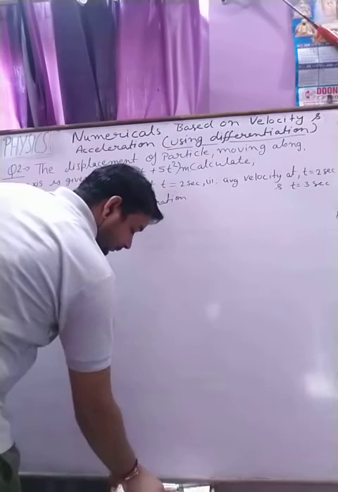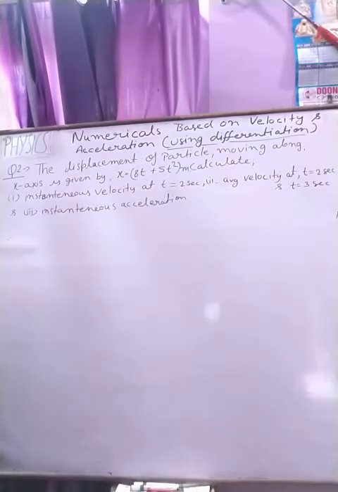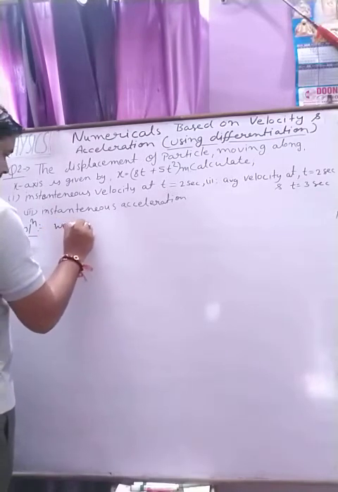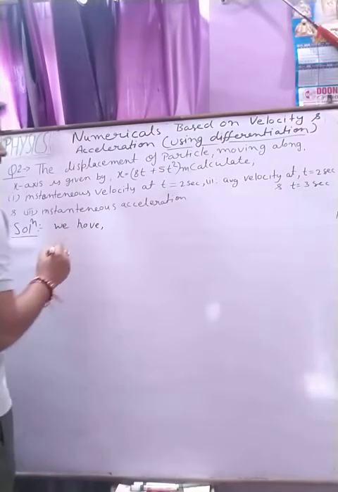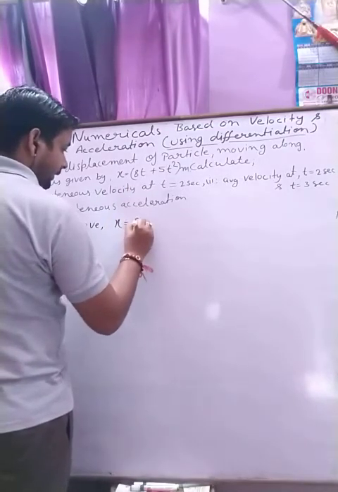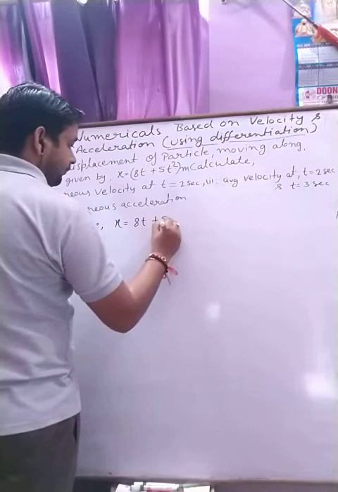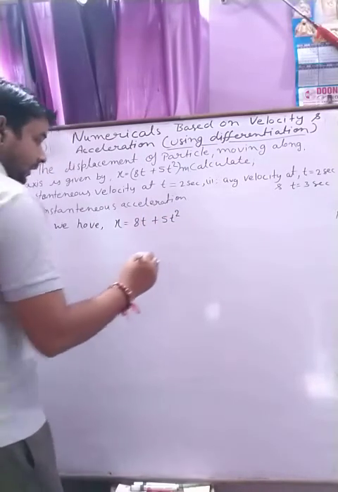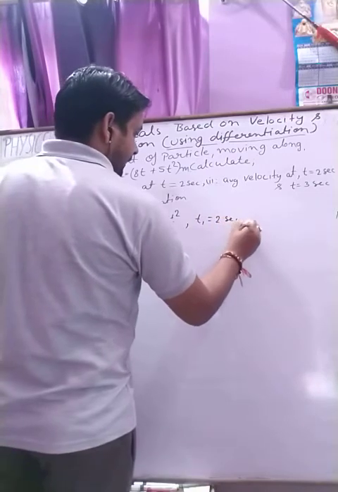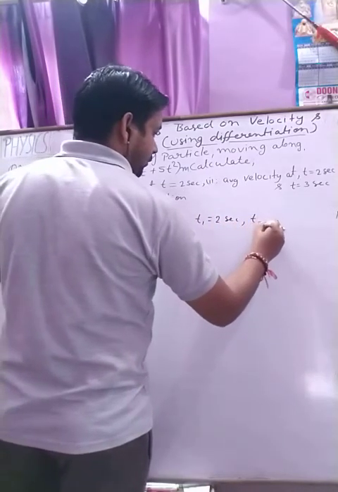Okay, for solution of this numerical, again we have to take the help of differentiation. Therefore we have x is equal to 8t plus 5t square, and we have time t1 equal to 2 seconds and time t2 equal to 3 seconds.